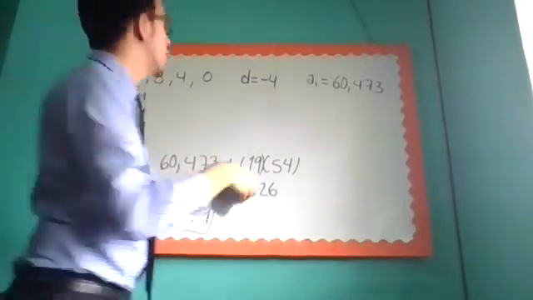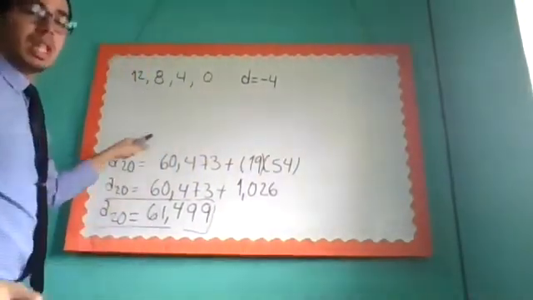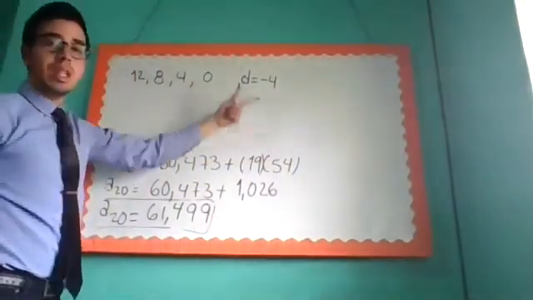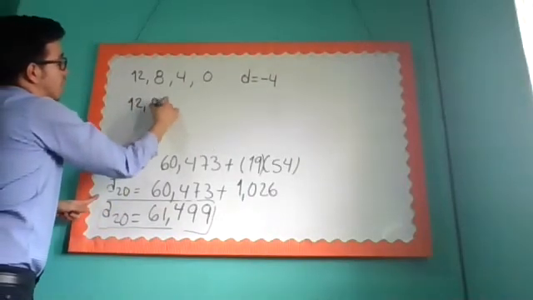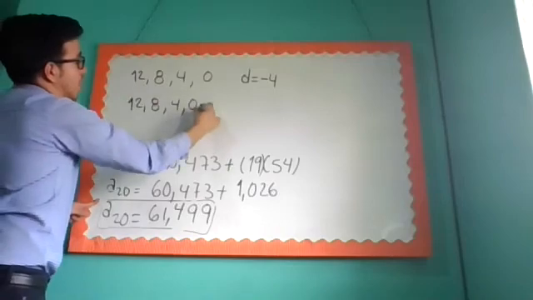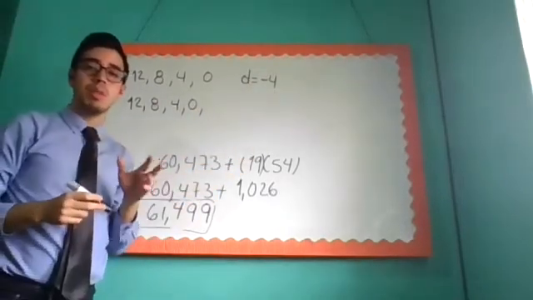I'm going to erase this. And now that I have my common difference, I can obtain the other numbers. I have 12, 8, 4, 0, and I want 3 more terms. The exercise is asking you for 3 more terms.